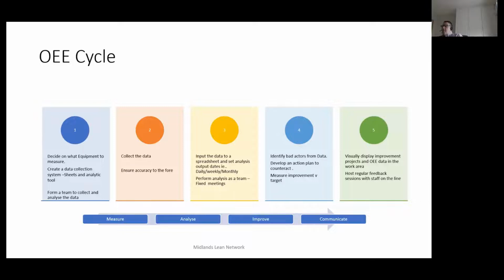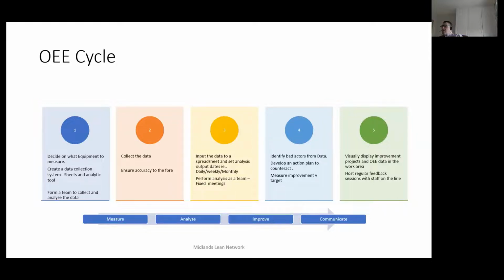To do that, we go to what we know as a Gemba board within the area, and we go through the OEE figures, and we outline where the improvement activity is, and we also look to harvest ideas at the factory floor in terms of the improvements. So it's really around measuring, analyzing the data that you get, improving, and then communicating that story to everybody involved.